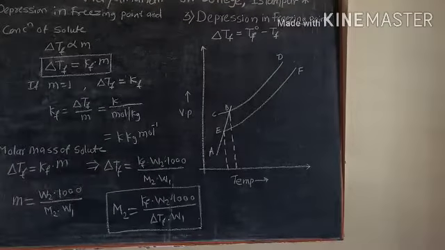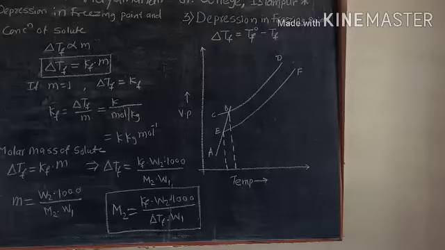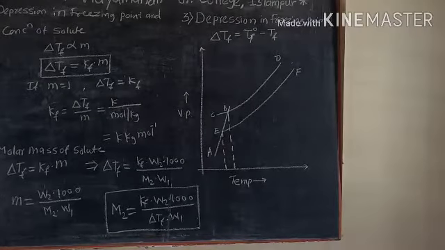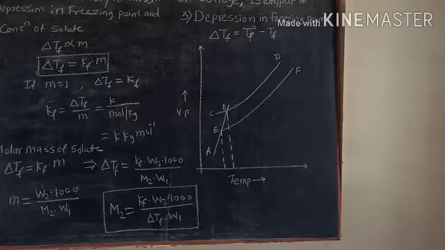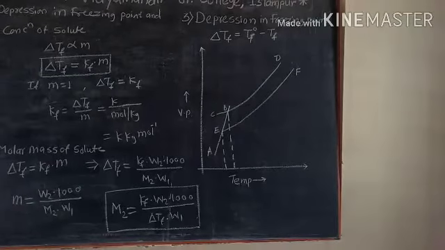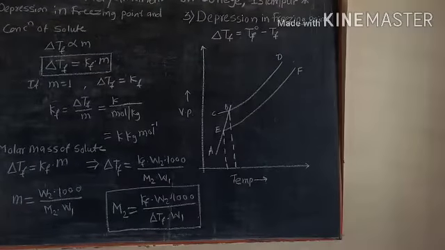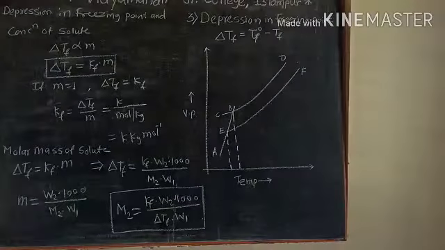That is called the freezing point, or the freezing point is the temperature at which the vapor pressure of the liquid becomes equal to the vapor pressure of its solid.